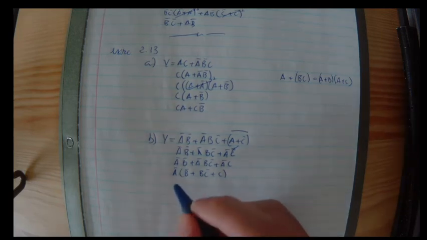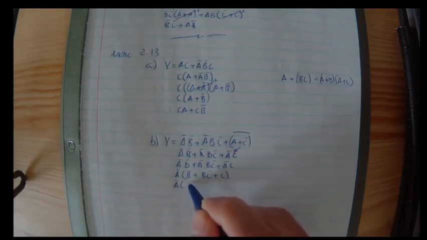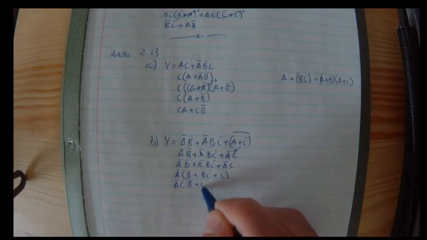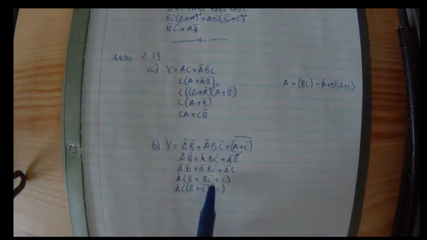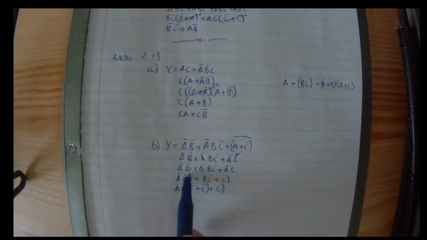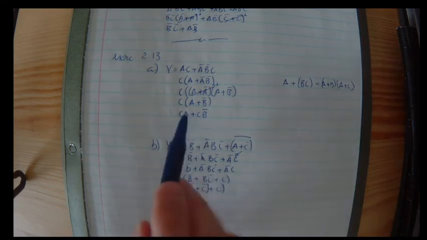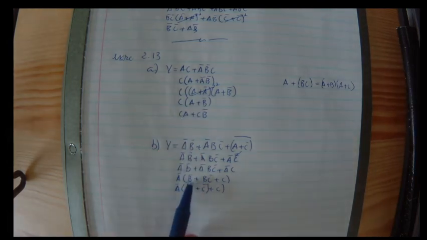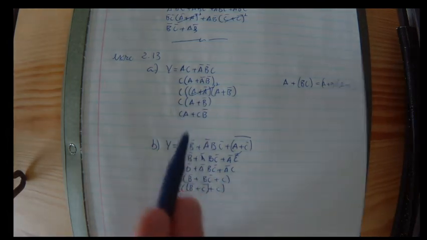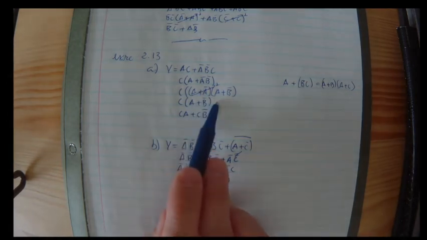So we're going to have complement of A, and in this case it's going to be complement of B or complement of C, and C. This component comes from those two components. If I apply distributivity, I'm just jumping one step instead of doing this.